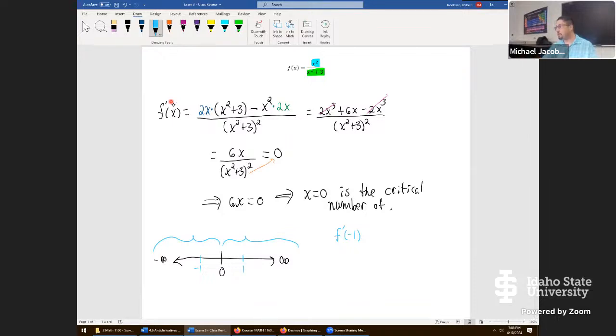So f prime of -1 means we're plugging it in here. Denominator is always positive. I mean, x squared with the -1 is positive, but that power 2 forces it positive as well. So we know that this is going to be 6 times -1 over -1 squared plus 3 squared. That's just a negative quantity right at this stage, thanks to the numerator.